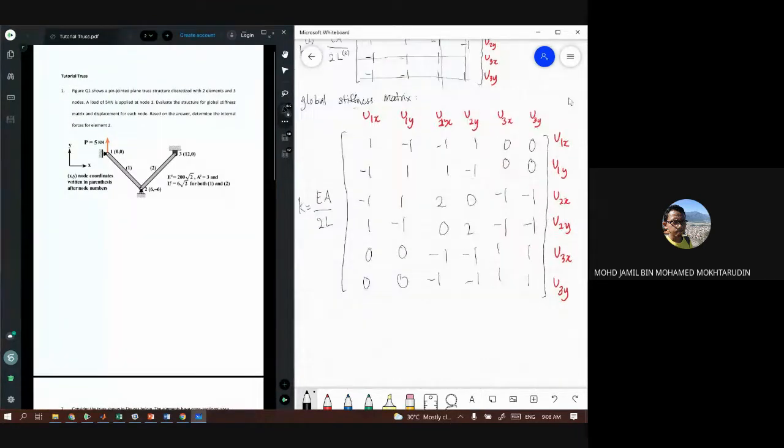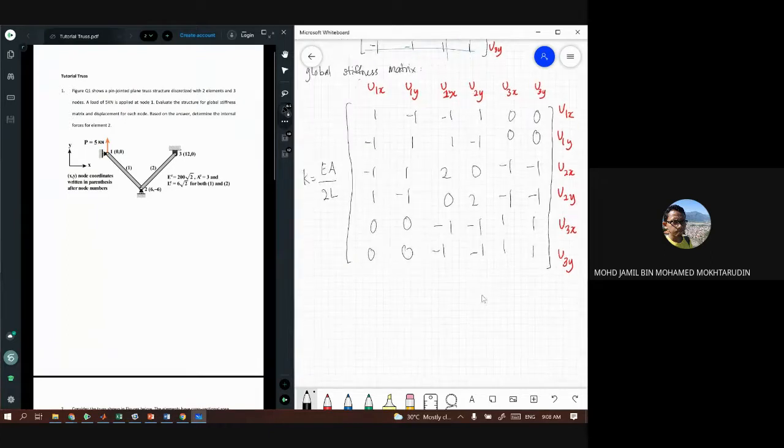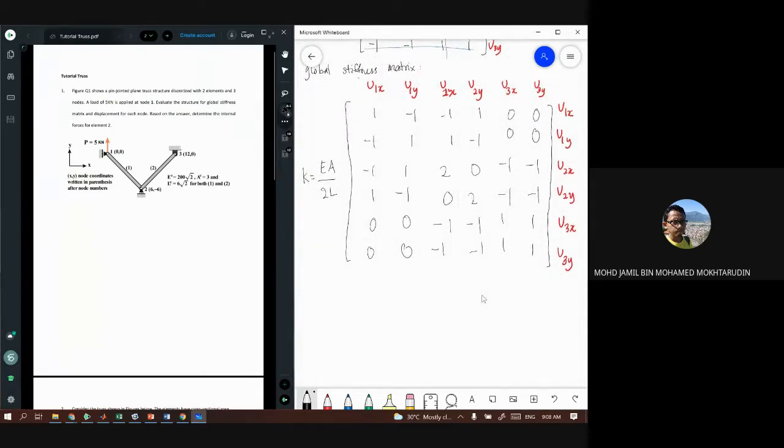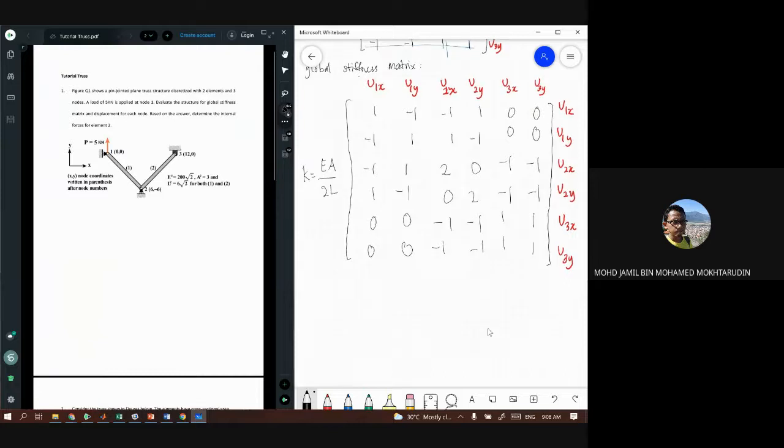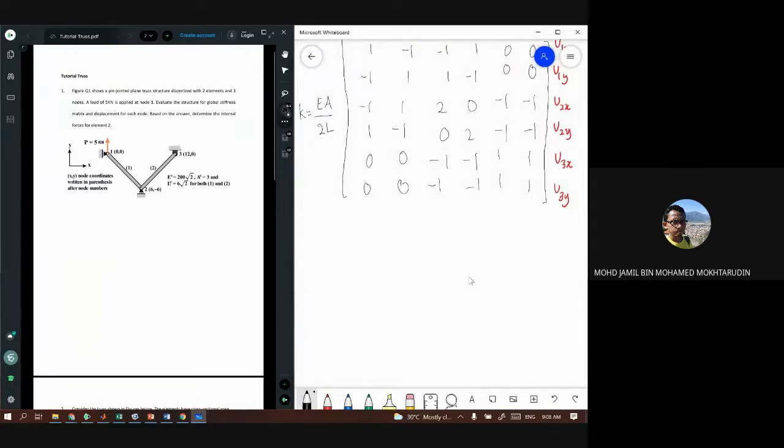So this is your global stiffness matrix. Then after that, you need to assemble the displacement vector or displacement matrix. So we have 6 displacements because we have 3 nodes. So each node has 2 displacements, in the x direction and also in the y direction.